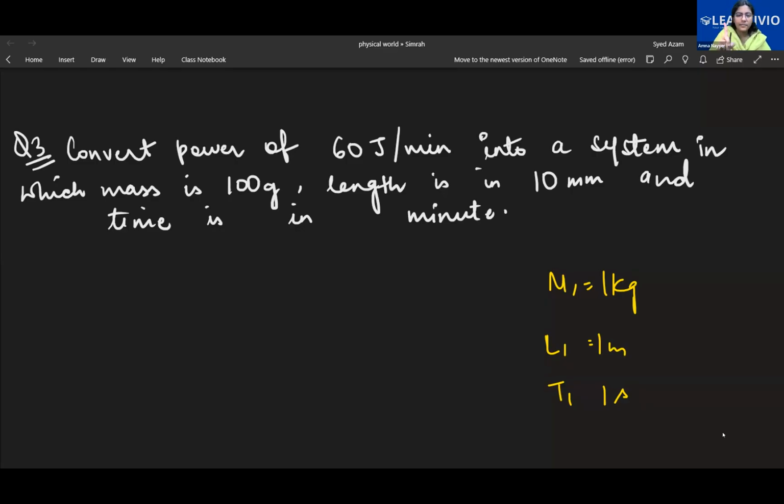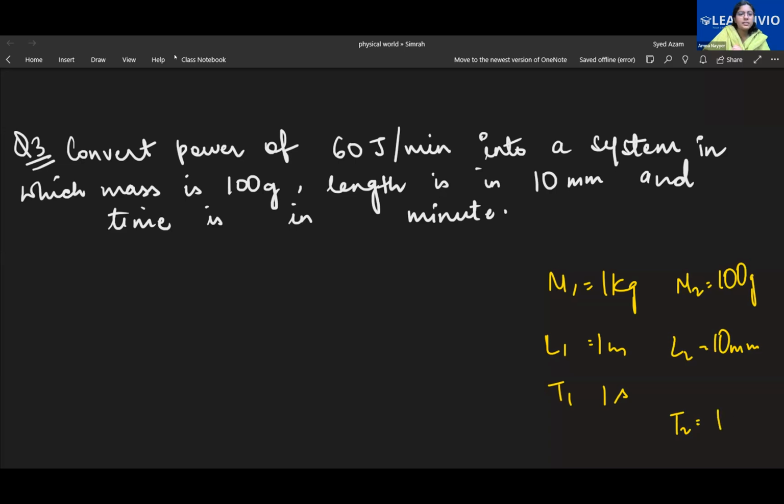It is saying don't take that. That new system is told to us: your M2 will be 100 grams, your L2 will be 10 millimeters, your T2 will be how much? 1 minute.